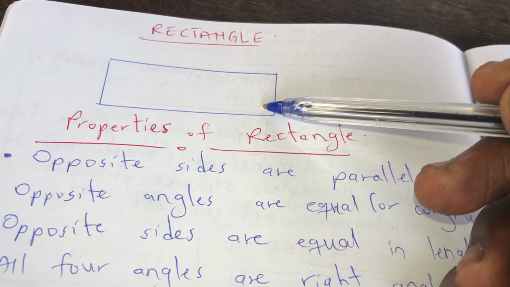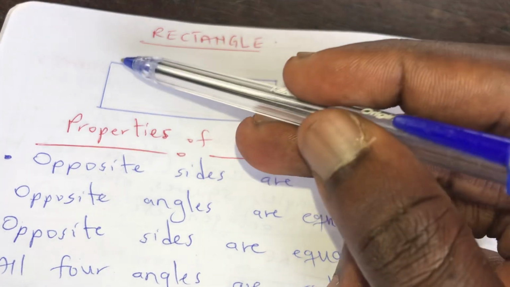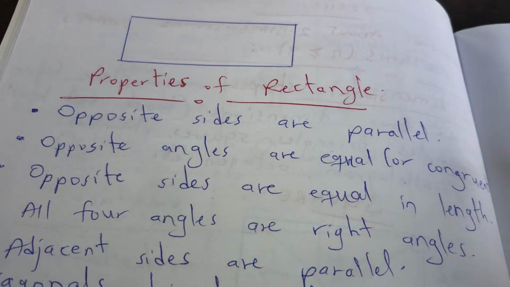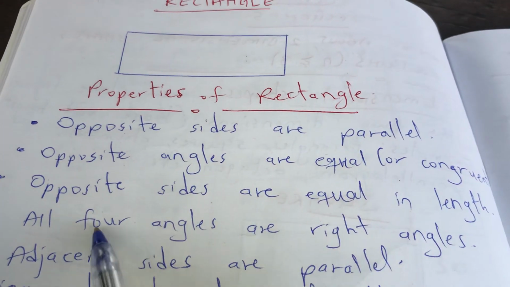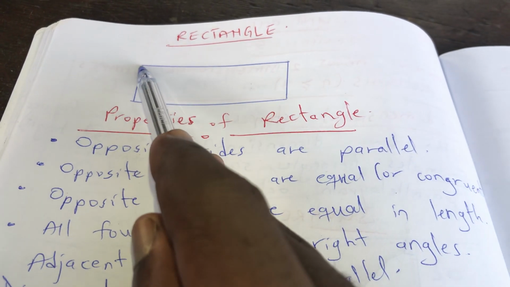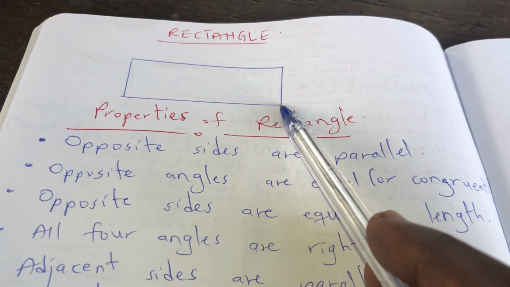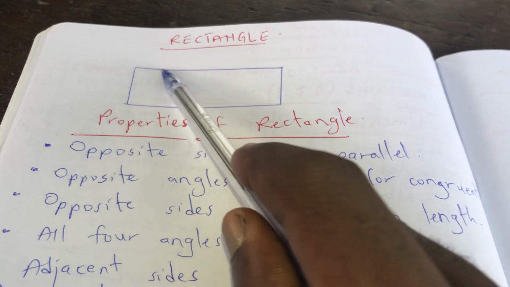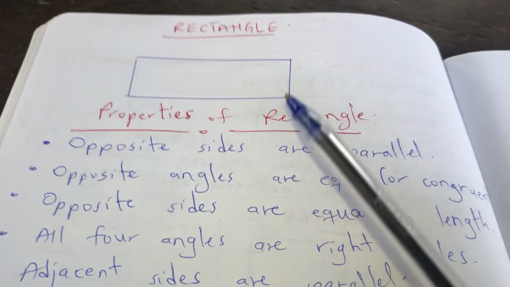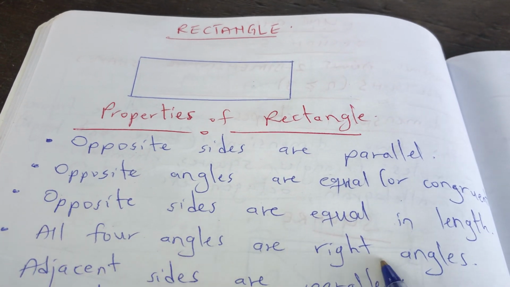Here and here: 90 degrees, 90 degrees, 90 degrees, 90 degrees. They are equal. Then opposite sides are equal in length. The length from here to here is the same as the length from here to here, and the same for the other pair.